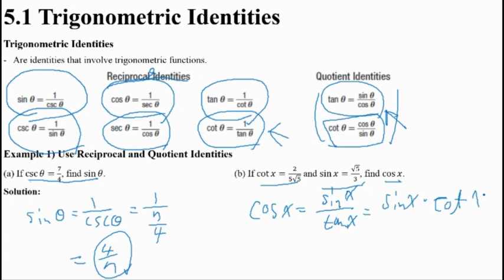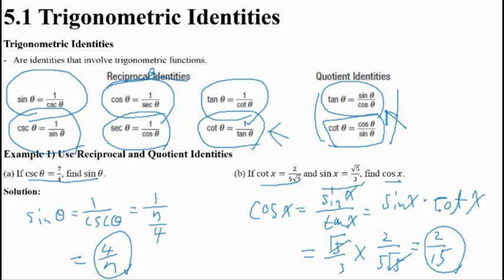So sine x is 2 over 5 square root 5 and times cotangent 5 over 3. So 5 square root 5 cancel, and it's 2 over 15. Okay, that's pretty simple too, right? Any questions? Alright, move to the next one. You should try the guided practice 1A, 1B below yourself.